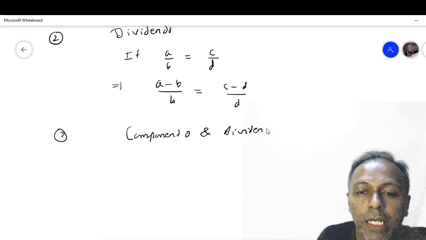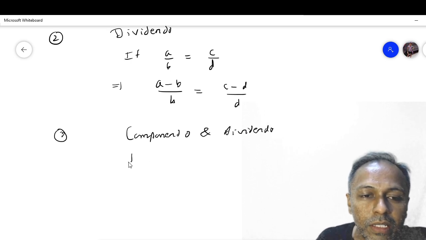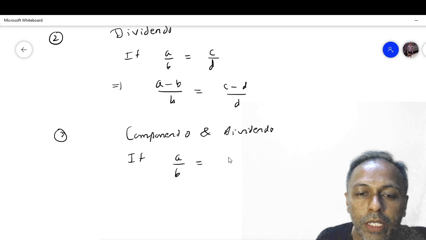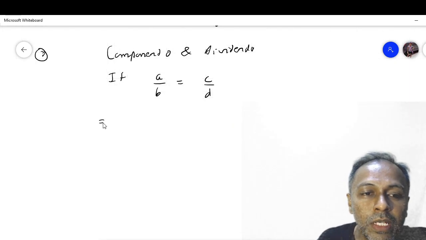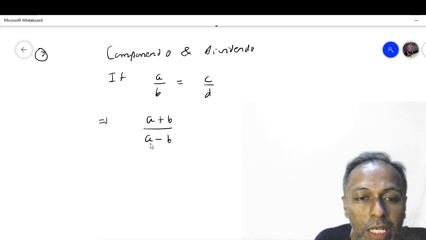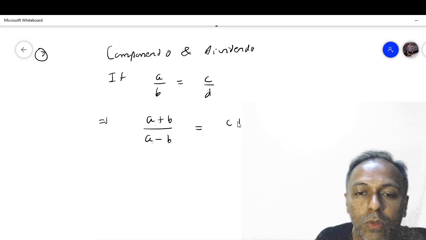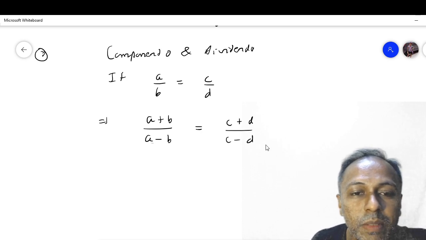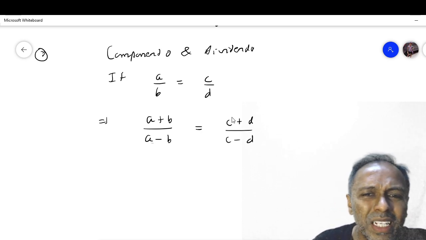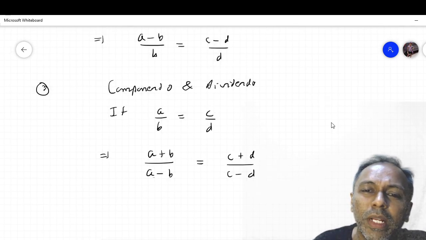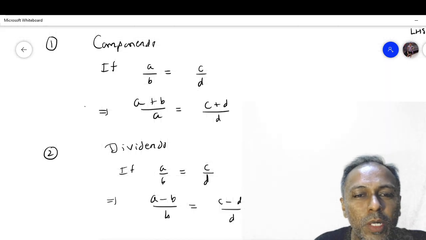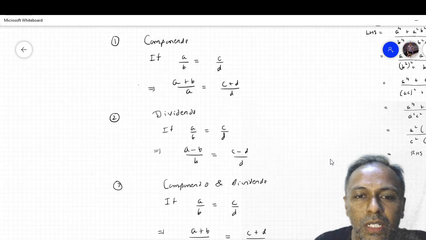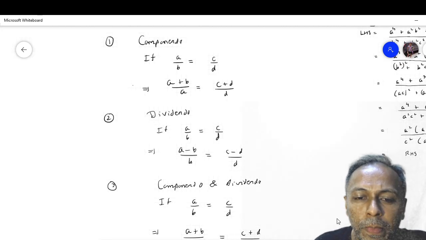Given A upon B equal to C upon D, so if two ratios are equal, then it implies that A plus B upon A minus B is equal to C plus D upon C minus D. There are also some more properties like alternando and invertendo, which are either rarely used or are just normal mathematics. So these are the three properties which you broadly need to know.